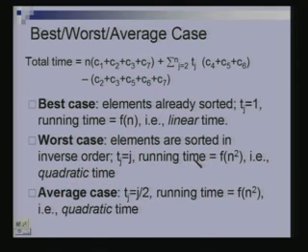What happens when the input is in decreasing order? Yeah, if the input is in decreasing order, then the number that I am trying to insert is going to be smaller than all the numbers that I already have sorted in my array.